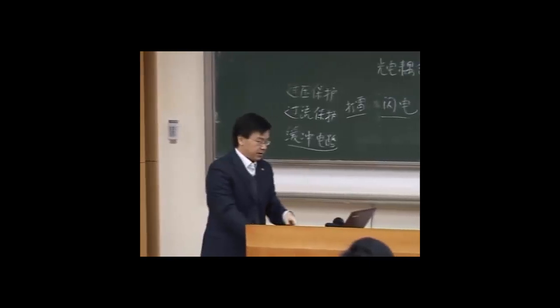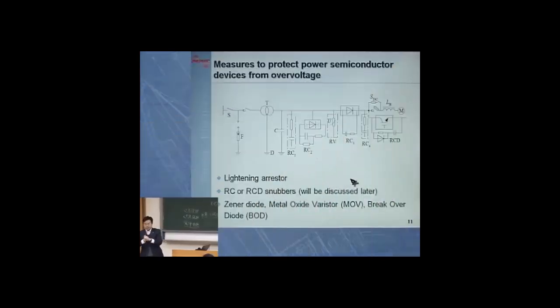Okay? There are many measures we can take to deal with overvoltage, and this is a figure showing all different measures and positions. Okay, we can use a lightning arrestor.